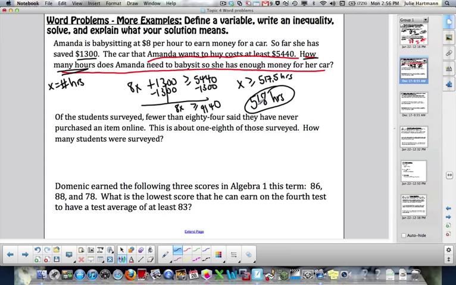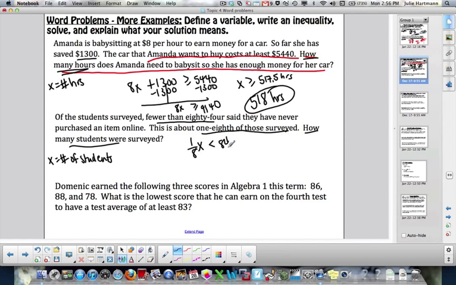Okay, next one. Of the students surveyed, fewer than 84 said they have never purchased an item online. This is about 1/8 of those surveyed. How many students were surveyed? So right there, how many students were surveyed? x equals your number of students surveyed. So 1/8 of those surveyed, so 1/8 times x is fewer than 84.